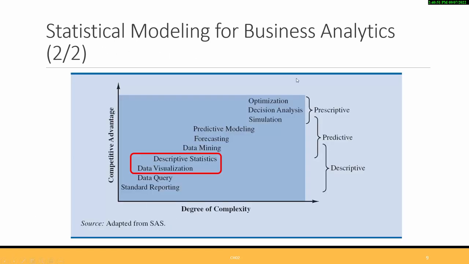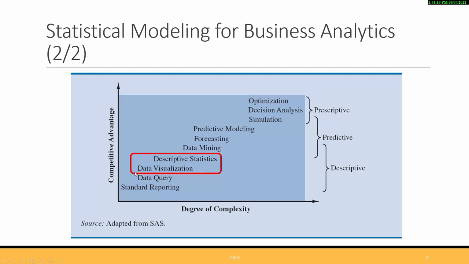If you look at this chart, most companies that apply analytics often follow a trajectory similar to this. On the vertical axis we have the competitive advantage received, and on the horizontal axis the degree of complexity. Most organizations start at the bottom left with standard reporting and descriptive analytics.